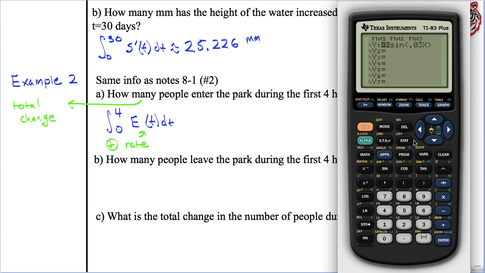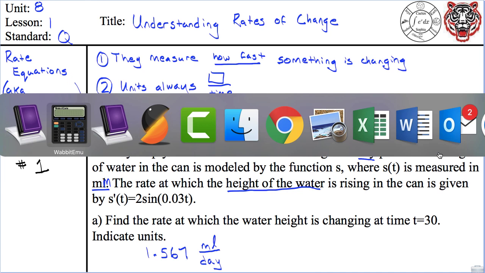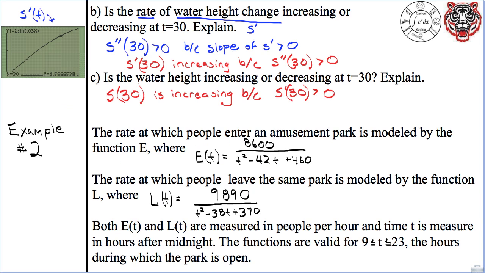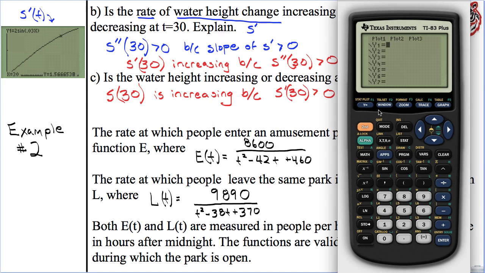I think first, we do need to enter the function, and then we need to do basically the same thing. So our function was, for example 2, and we need to enter both of these because I did see a question about leaving, so let's go ahead and get those out of the way. So 8, 6, 0, 0, divided by, keep your parentheses here for order of operations, all this stuff.